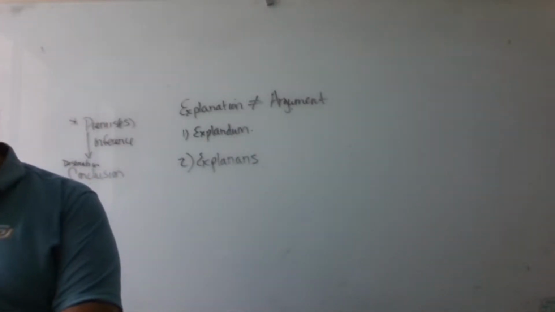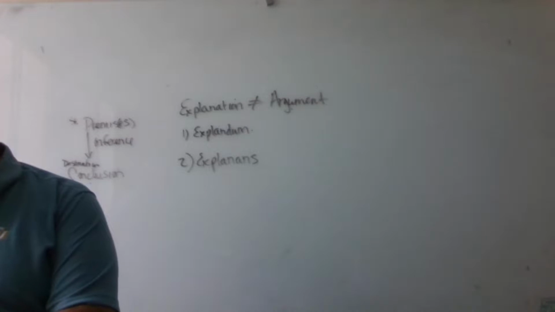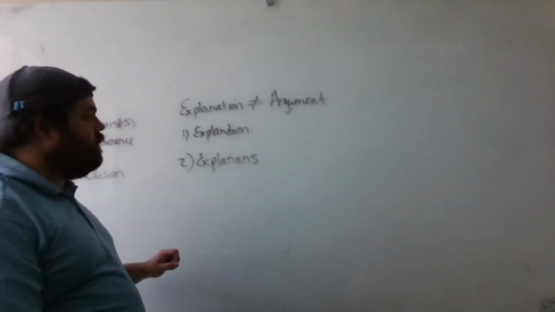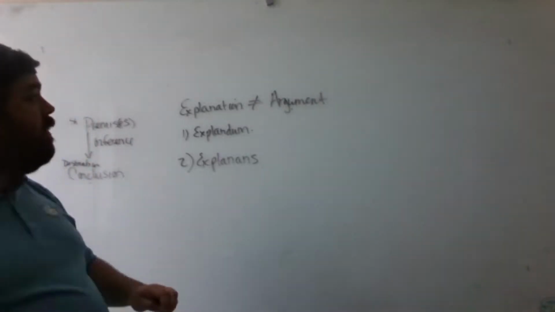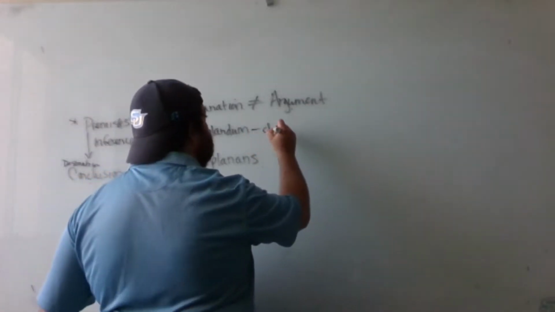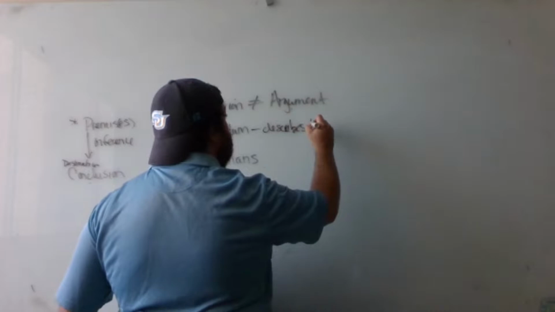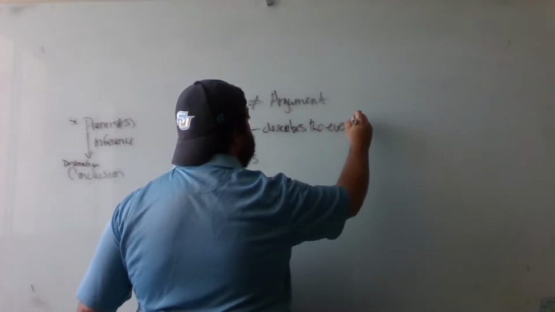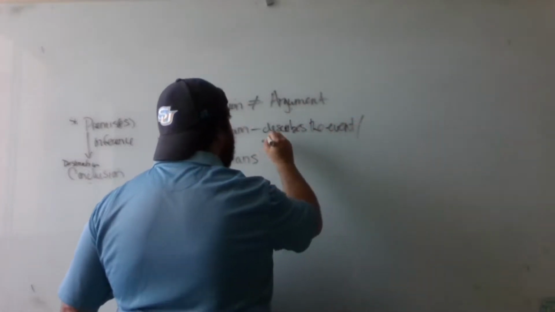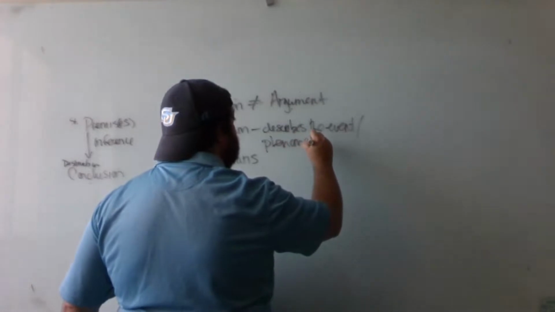So the explanandum is the statement that describes the event or phenomena to be explained. All right, let me repeat that. The explanandum describes the event or phenomenon in question.